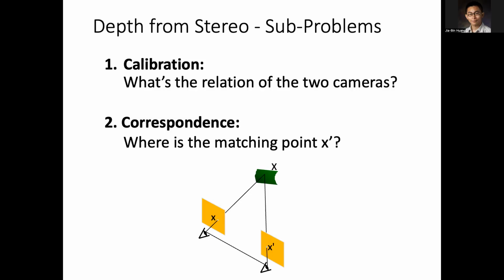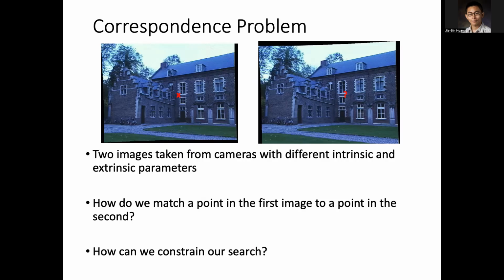So we already talked about this, but sometimes we talk about a couple of correspondence problems, right? So let's see here. If I have two images, basically you take one image, then you move around and take another image. Now say the bottom left corner of that window is something for which I want to determine the depth.